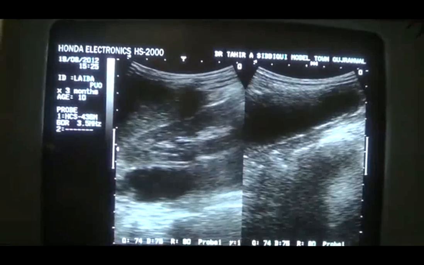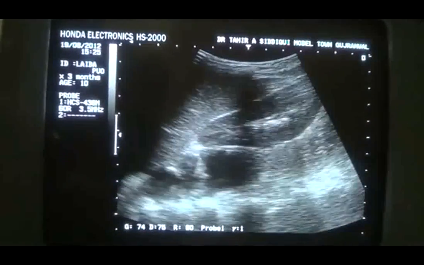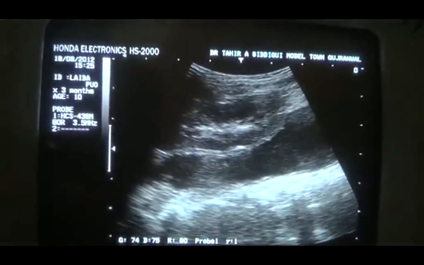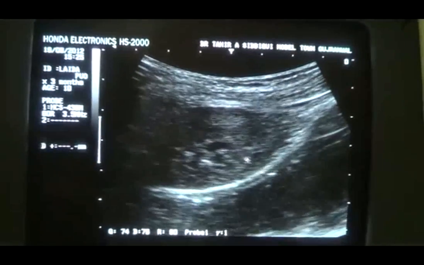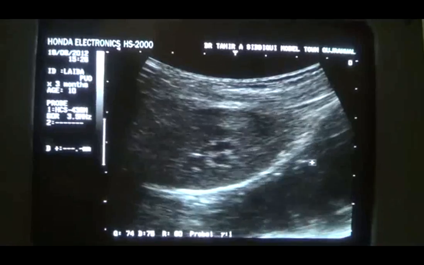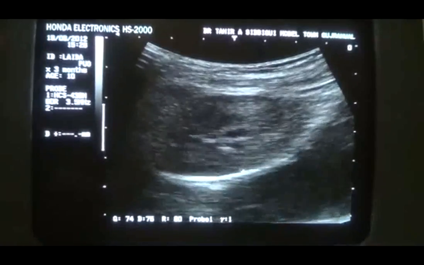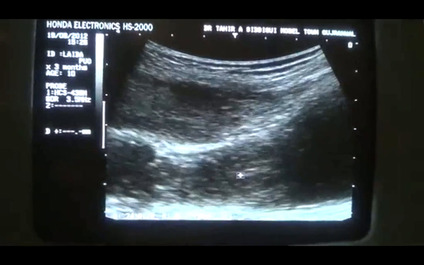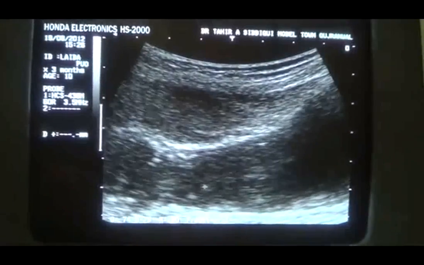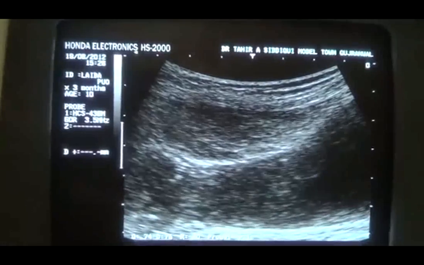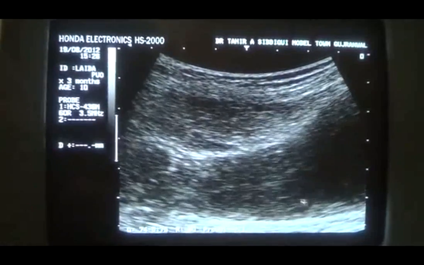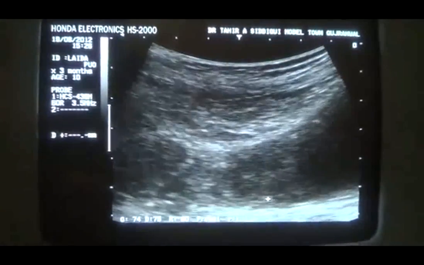Now see, there are echoes in this. I will have to magnify to make it clear. Yeah, marginal calcifications. You can see these are marginal echogenicities, and you can see these sand-like particles within this tubular, flocculated fluid area.